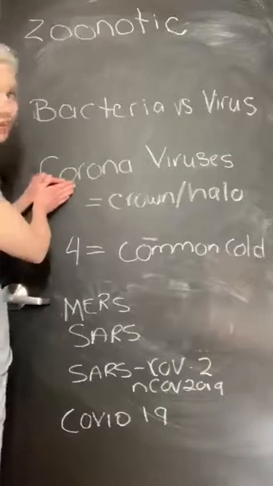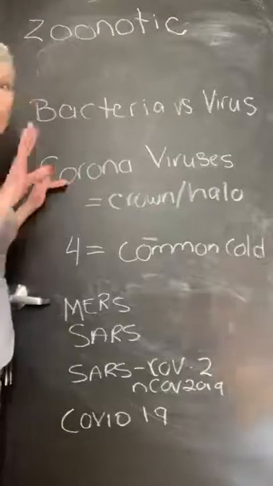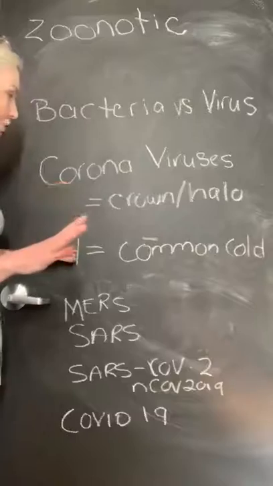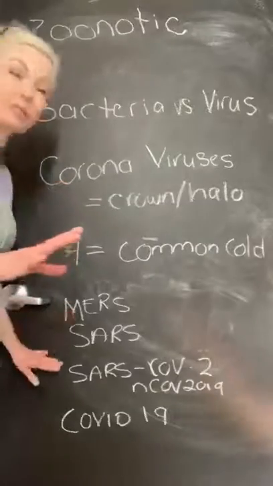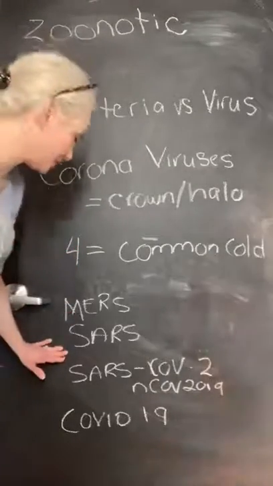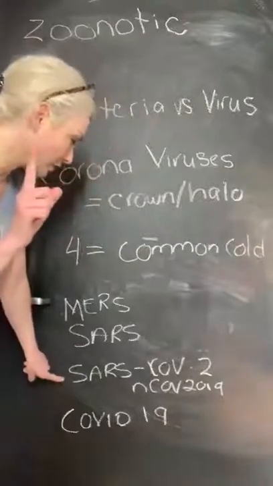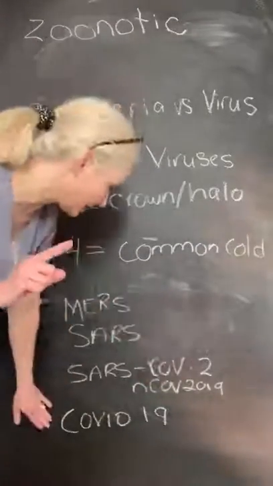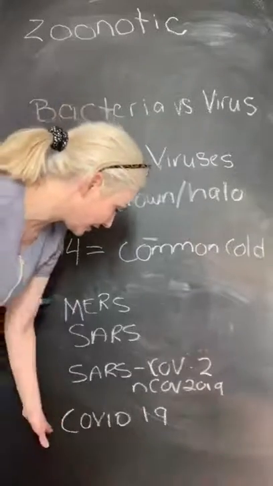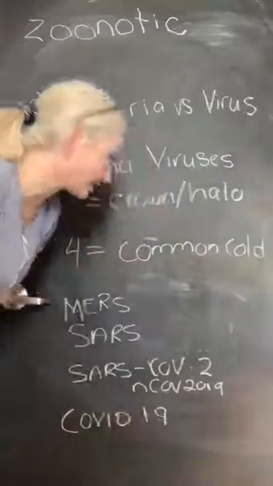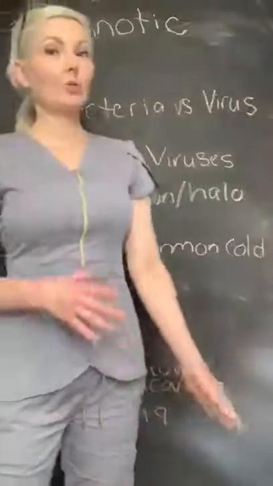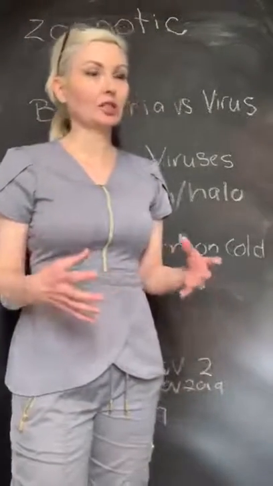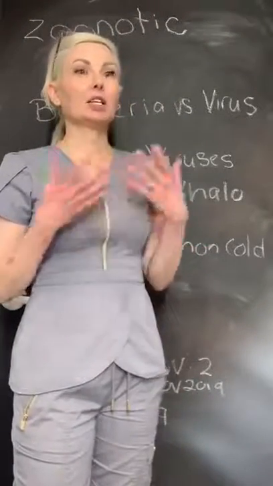So coronavirus is a family of viruses. There are 7 of them. 4 are the common cold. 3 cause real problems for humans, including our new one, which is SARS-CoV-2, or the novel coronavirus 2019, causing the disease COVID-19.